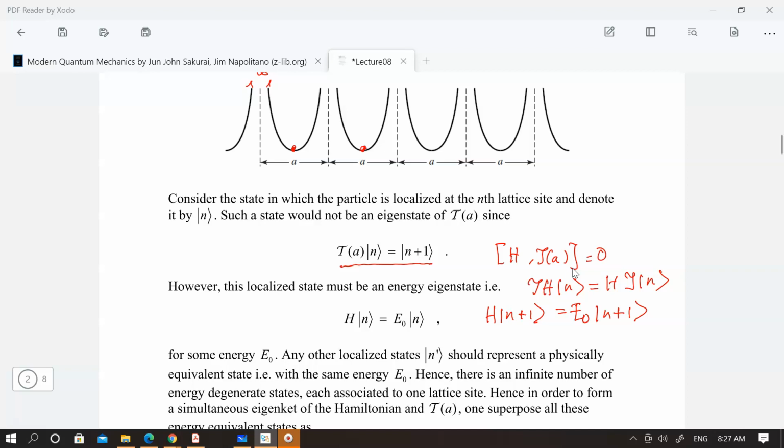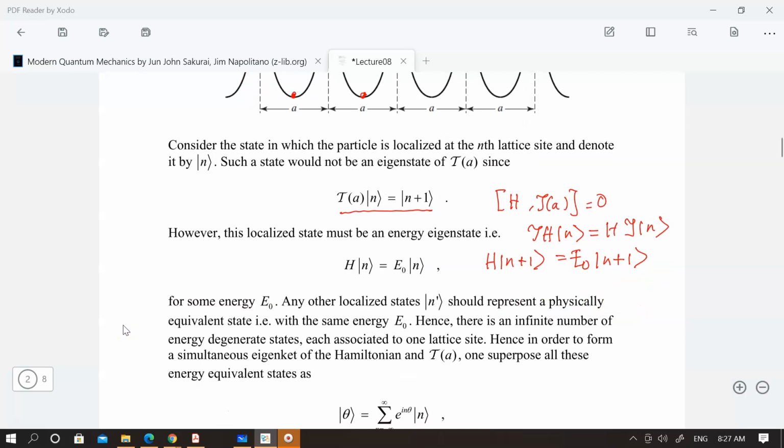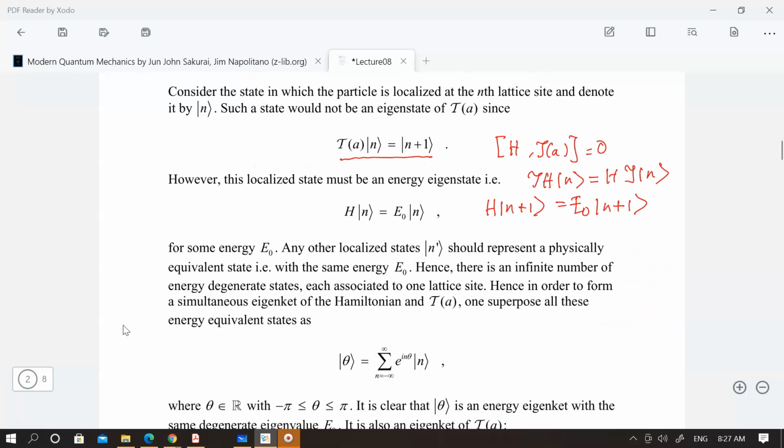Because they all have the same eigenvalue, what one could do is a superposition of all the states having the same energy.